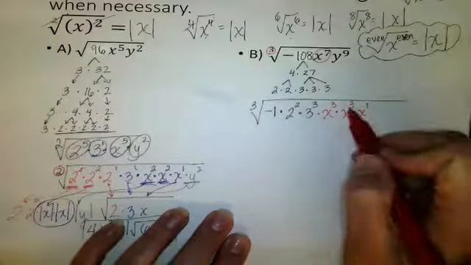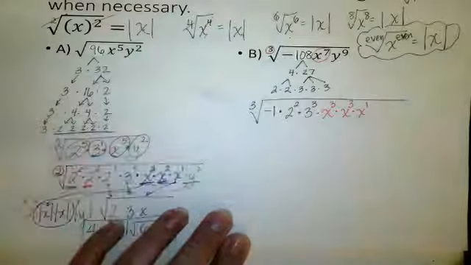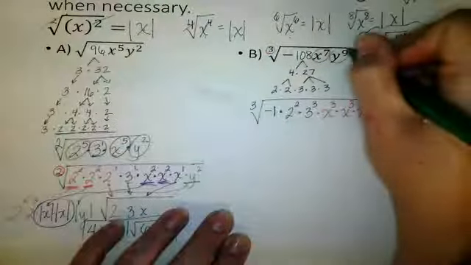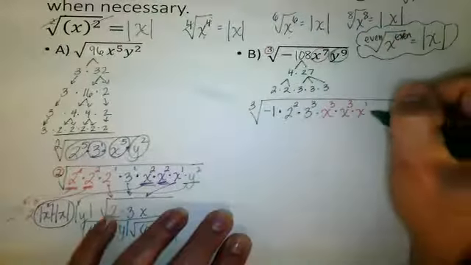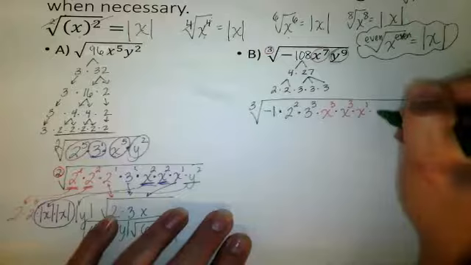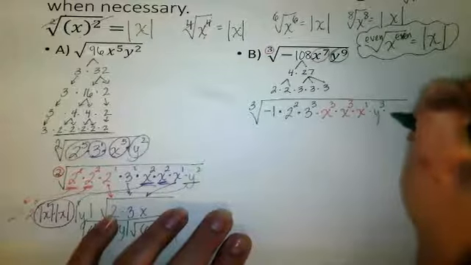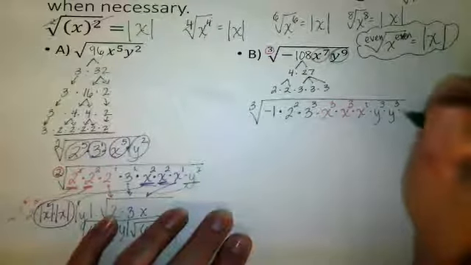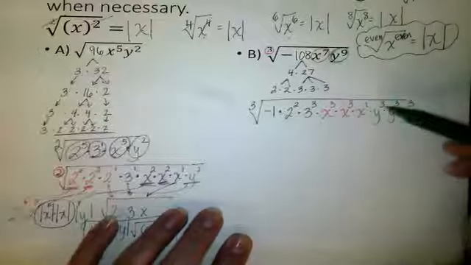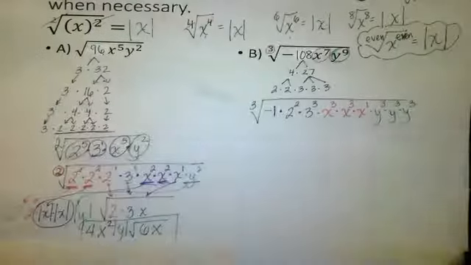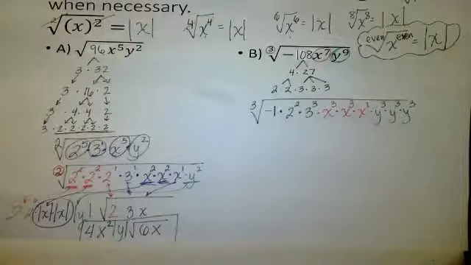Very good. 3 plus 3 is 6, plus 1 is 7. Good. What can I do with y to the 9th? Y to the 3rd times y to the 3rd times y to the 3rd. Good. 3 plus 3 plus 3 is 9. All right, that's kind of crazy, right?